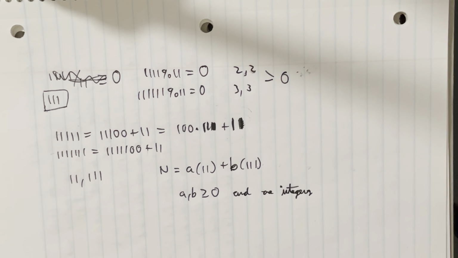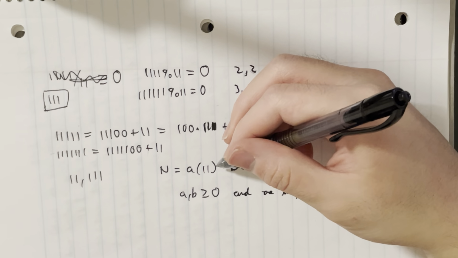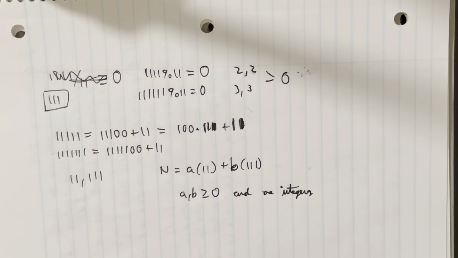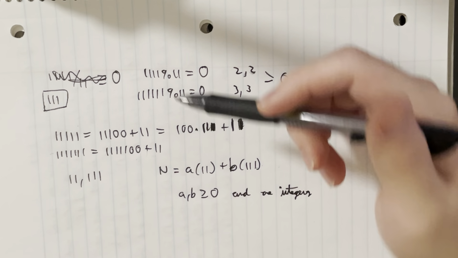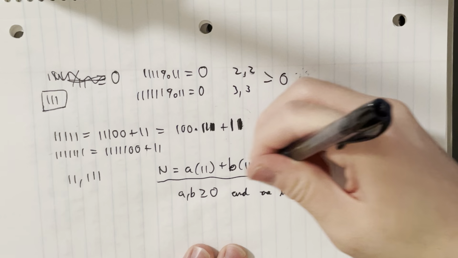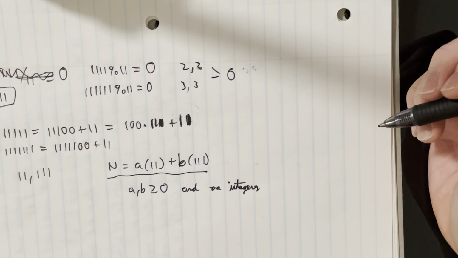I'm just trying to give a more formal proof of how I view this. But pretty much, any number that's sufficiently large is guaranteed to be able to be represented in this form. And I'll reason you through why.